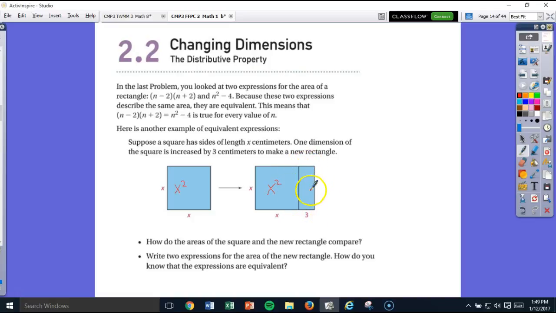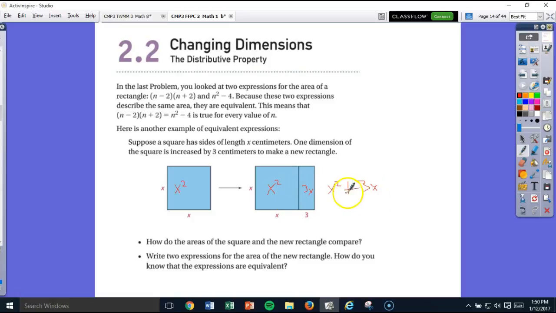And I said added on, so we're going to use a plus sign here. The area of this little rectangle is our width of 3 times our length of x, so now we have 3x. To put these two together, we would have x squared plus 3x, and that is the whole area.